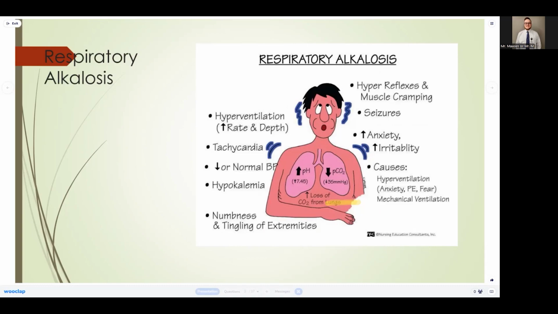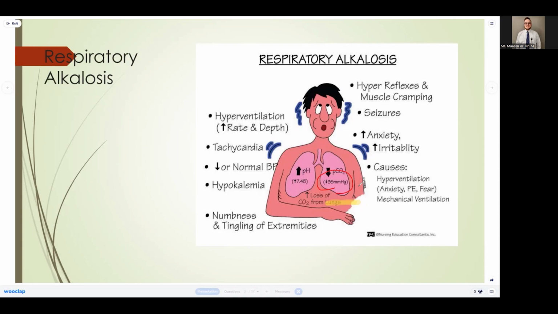So respiratory alkalosis is on the opposite end of the spectrum: elevated pH greater than 7.45. PCO2 is probably going to be low, and bicarb could be up, but you'll see PCO2 is low. And we do want an appropriate amount of carbon dioxide. We think carbon dioxide, oh, bad, but we want carbon dioxide.